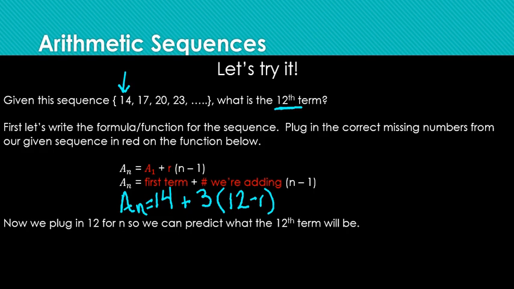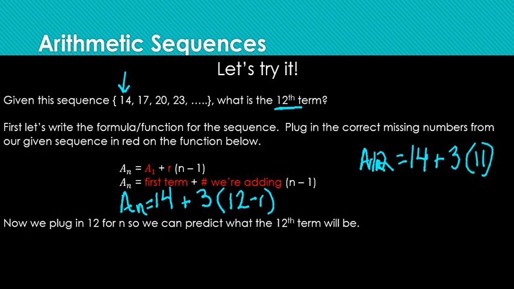We have 14 plus 3 times 12 minus 1, which is 11. So a subscript 12, because we're looking for the 12th term, equals 14 plus 3 times 11.